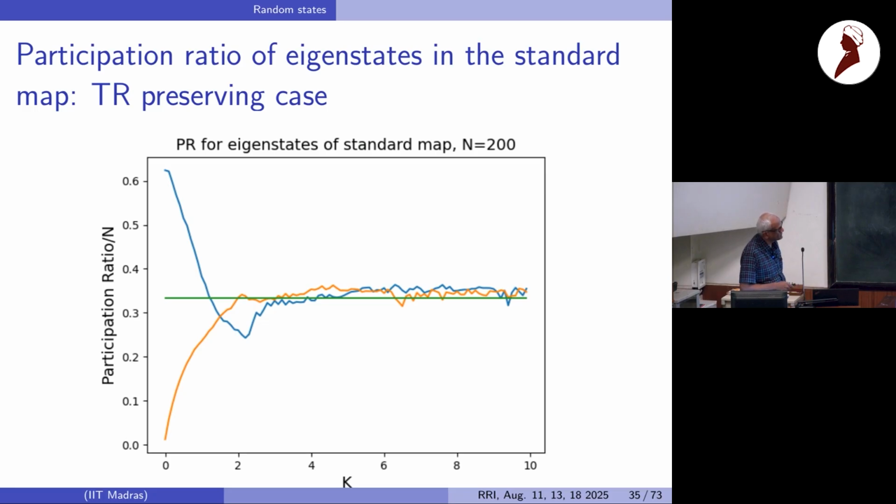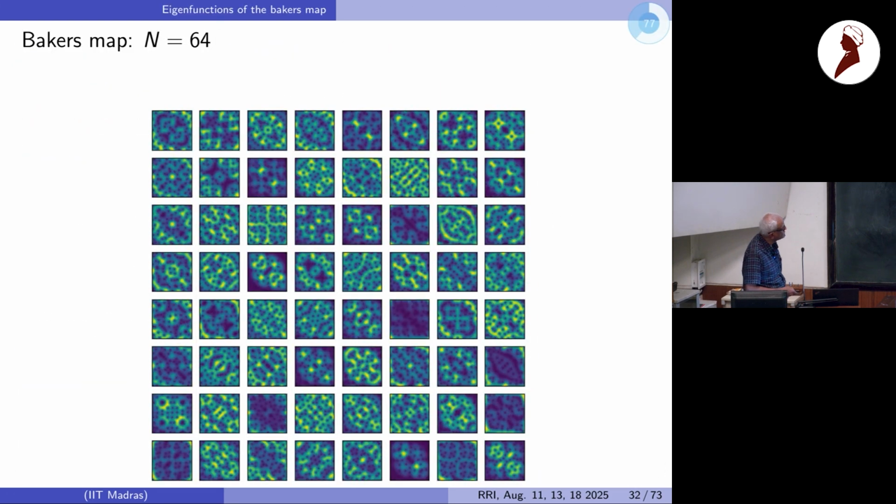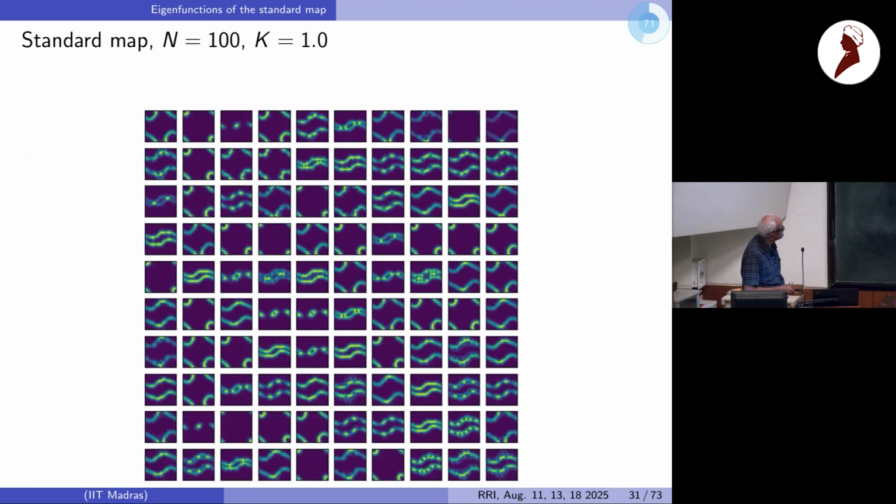And this difference is easily understandable because, if we go back, you can see some of these eigenstates. These are eigenstates in the phase space representation. So let's take some state like this. This is position horizontally, momentum vertically. You can see that it's not spread out in momentum at all.